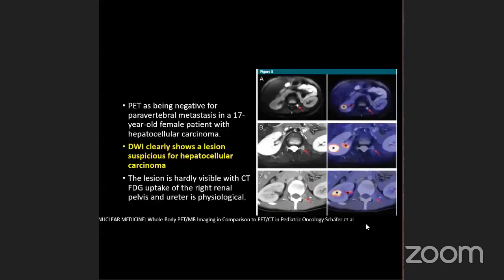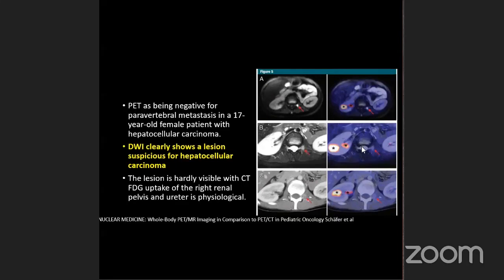Even sometimes when you go to the CT alone, it is very subtle. Maybe here you can see that this patient has very subtle enhancement. Again, when you do a PET, there is no such uptake. This is the combination between CT and MRI. On MRI, you can see that there is an abnormal signal, which is clearly detectable here, right?